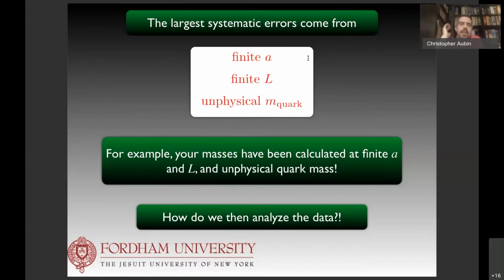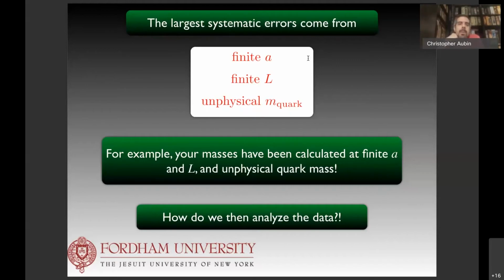It has no effect. Either way, we've got to put those in. And up until recently, we couldn't simulate at physical values of the up and down or even strange quark masses. That's a problem because we want to be able to use physical values of all of our parameters.